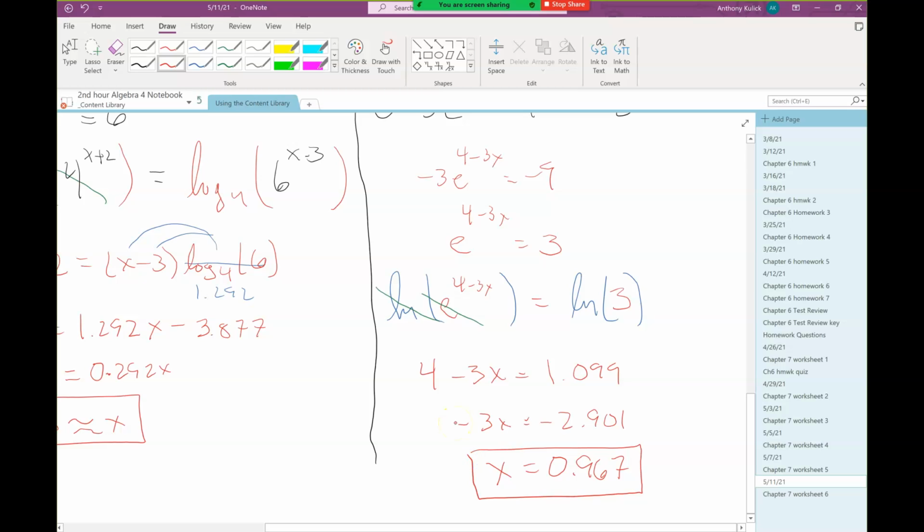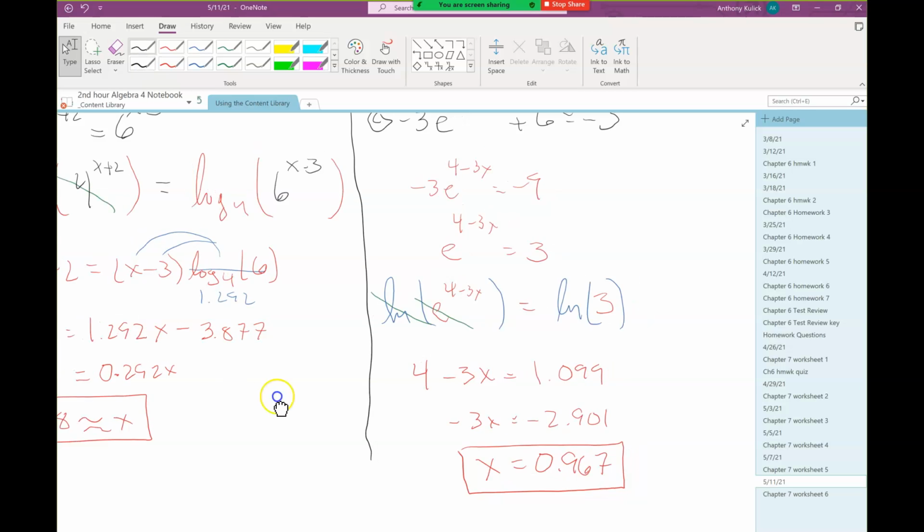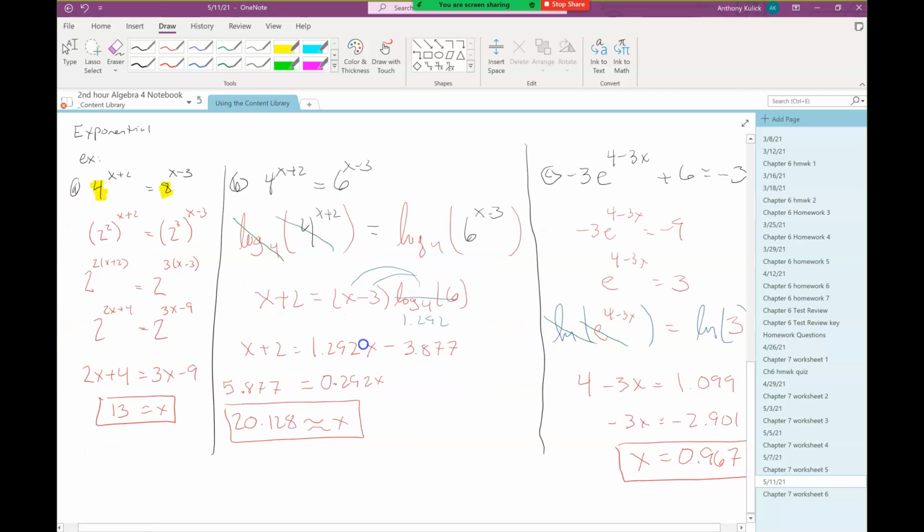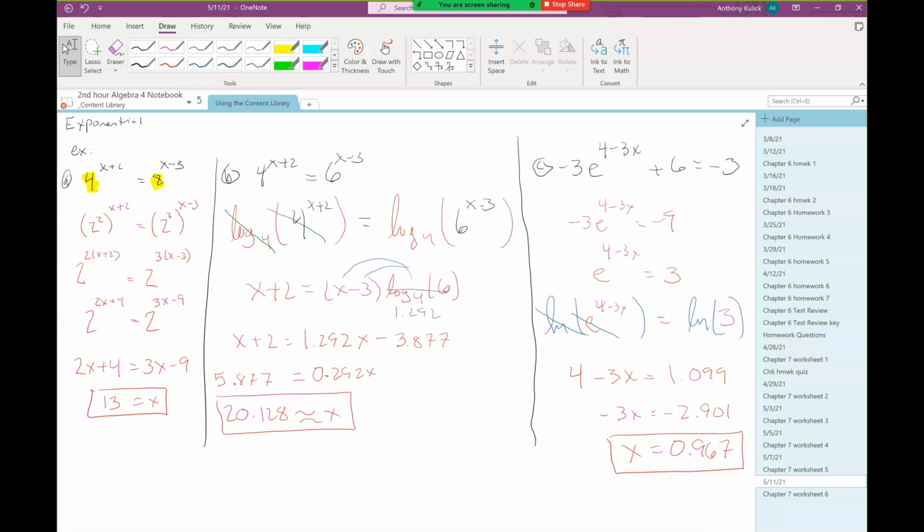Is everybody okay on that? So that's the third type of exponential problem. That's all the types that we're going to worry about in this course. I mean, there's other things, but they're beyond the scope of what we're going to do here. So the 3 different methods depend on whether you have 1 exponential or 2.